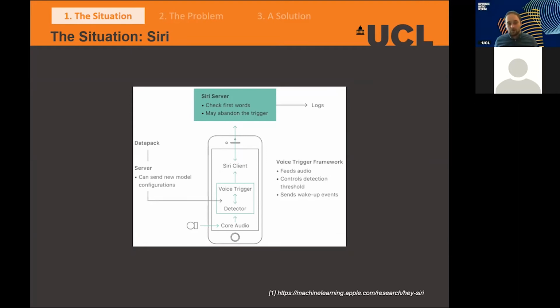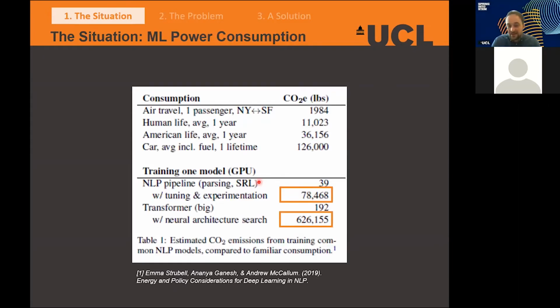So although these are quite local and specific problems, it turns out that power consumption in machine learning is also a more global issue. In this study, the researchers analyzed the amount of CO2 produced for a particular kind of machine learning network, a neural network, not just when it's used, but throughout the whole of its development cycle.